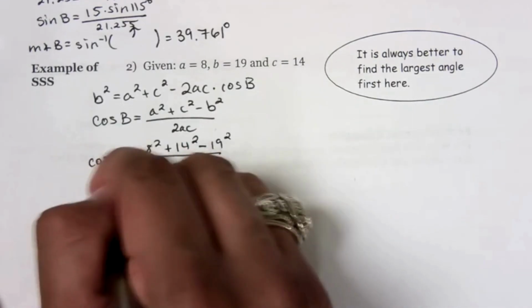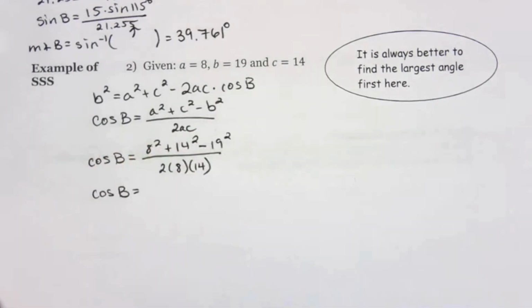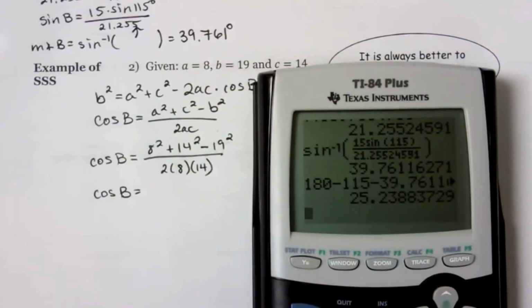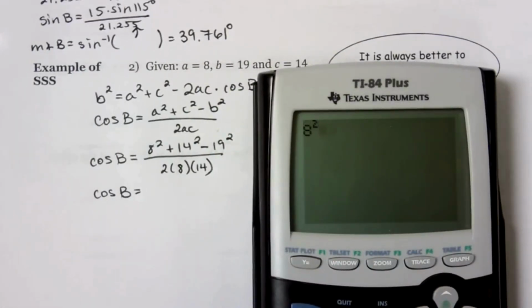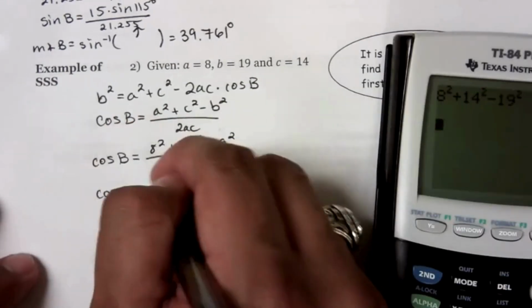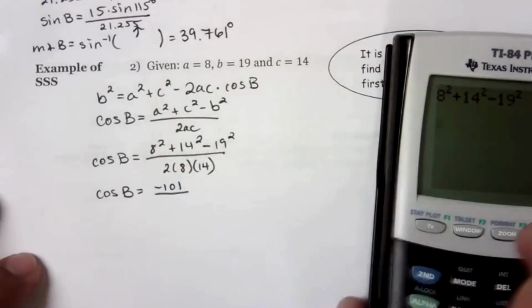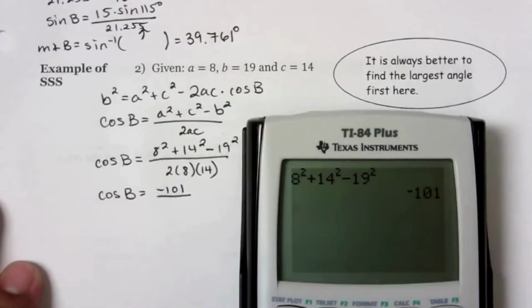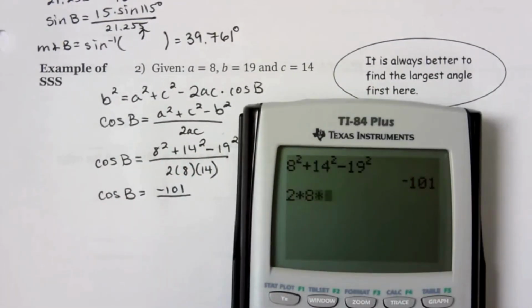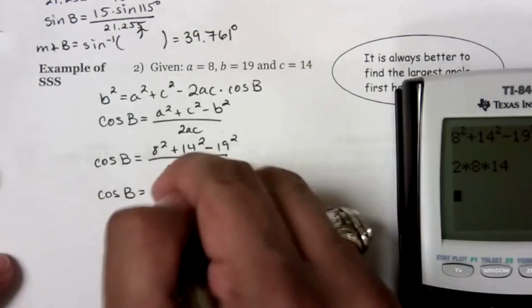I'm going to do a little bit of arithmetic in my calculator. So 8 squared plus 14 squared minus 19 squared is negative 101. Two times 8 times 14 is 224.